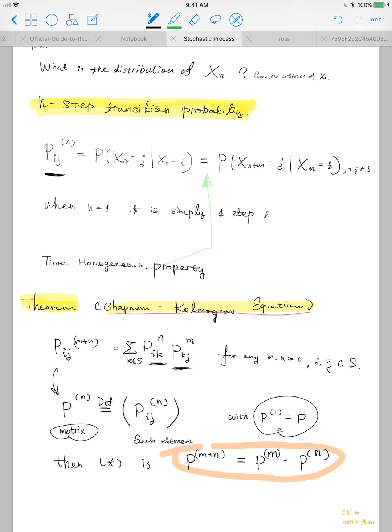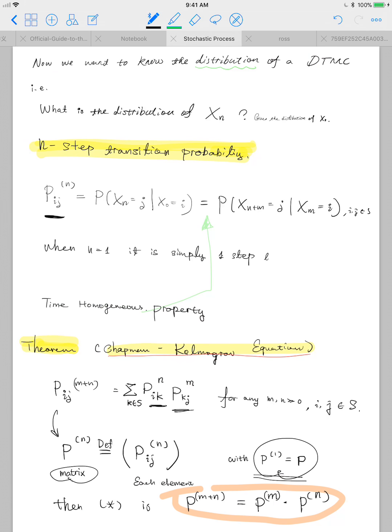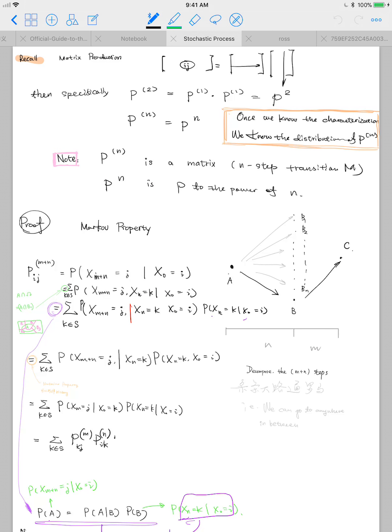We have the particular case P1 equals P, the one-step transition matrix. So in this matrix form, the CK equation is simply noted by P(m+n) equals P(m) times P(n). And this one here is matrix multiplication.